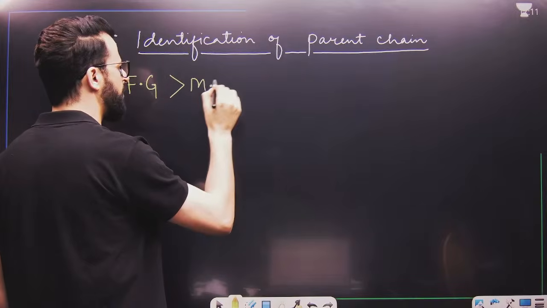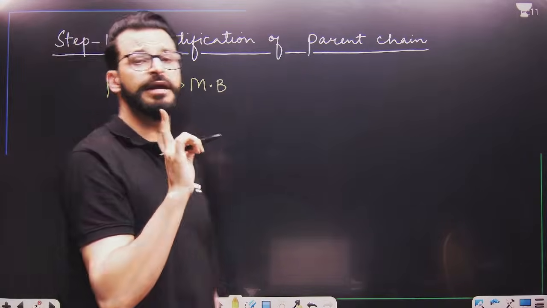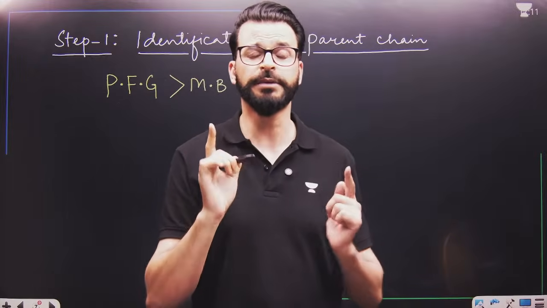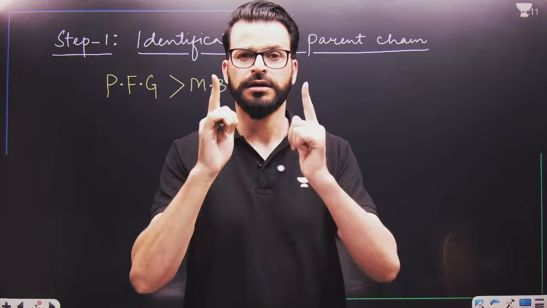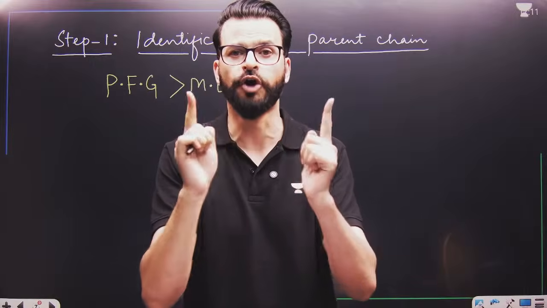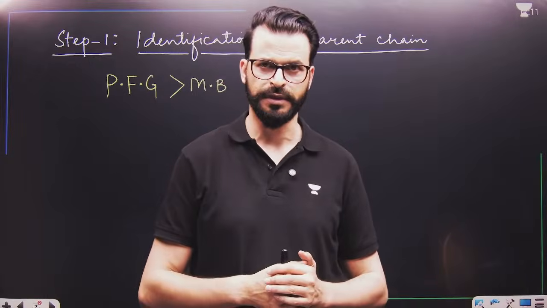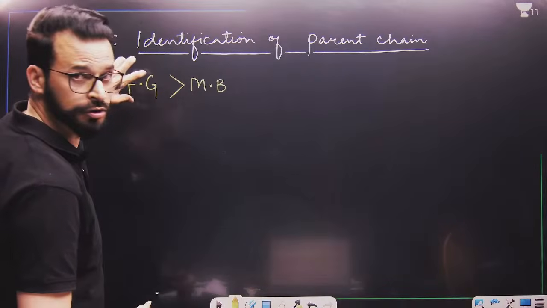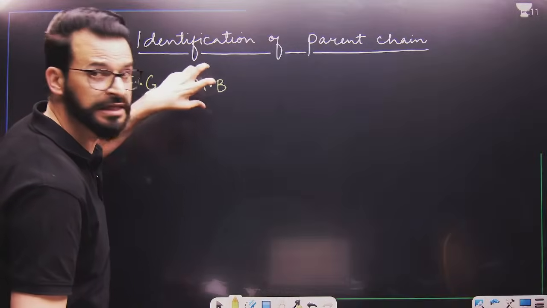Let me write down MB as multiple bond. What is meant by multiple bond? Multiple bond means two atoms having more than one bond, that means either double bond or triple bond. So first preference goes to principal functional group, then multiple bond.